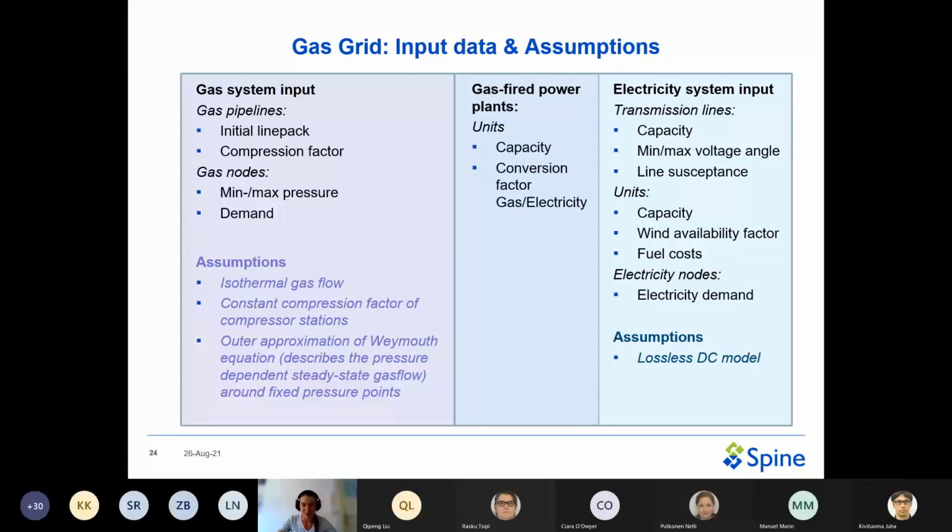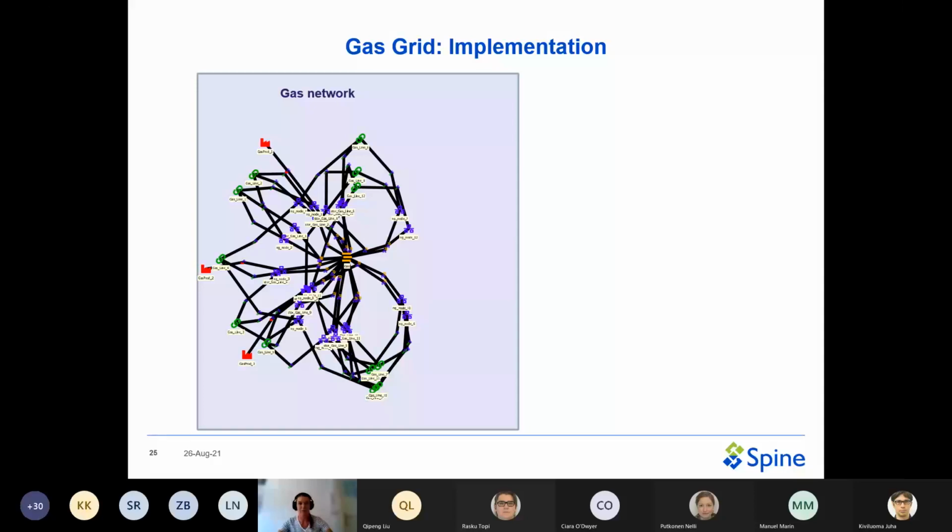To illustrate this a little bit, I brought the graph from this case study. On the left-hand side, we see the gas network. The symbols are a bit small, and there's some very small writing, but that's not important here. The important thing is that we see red, green, and blue.